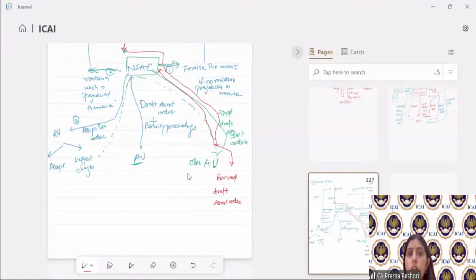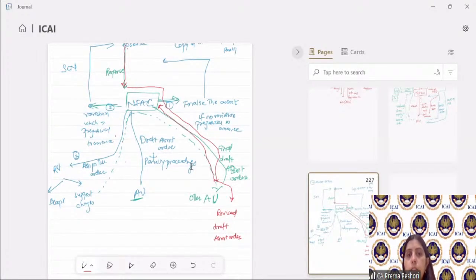Is that clear? So this assessment unit, based on the responses received from the assessee, can issue a revised draft assessment order. Is that clear? And again, it will send it to NFSC.